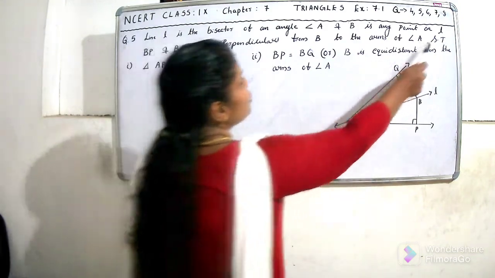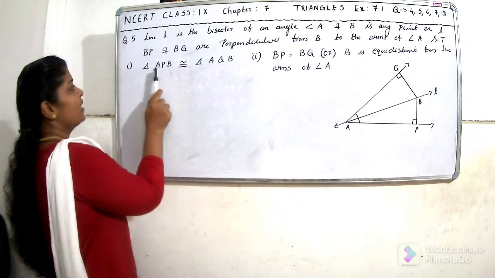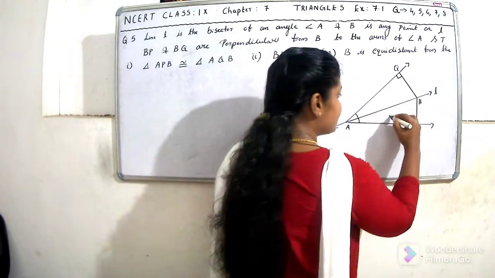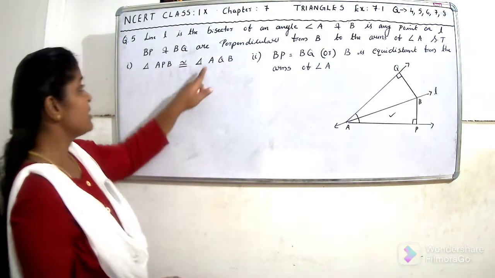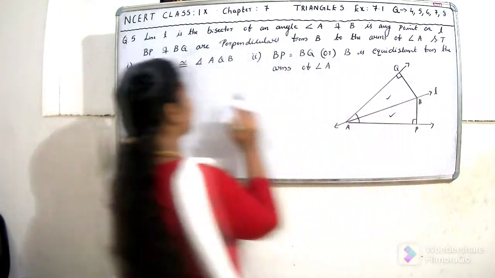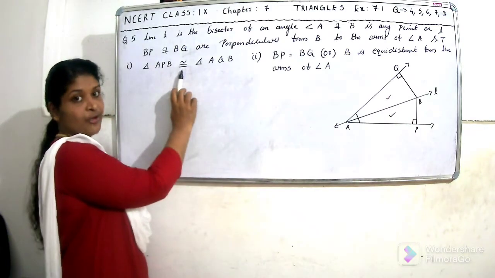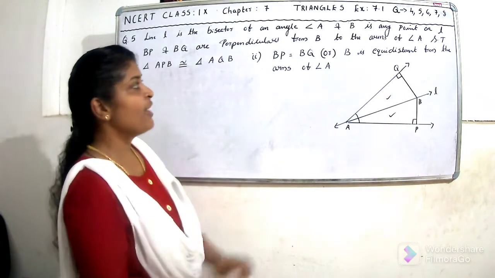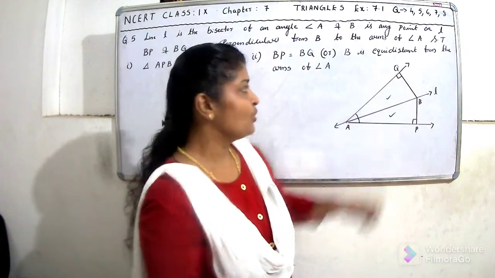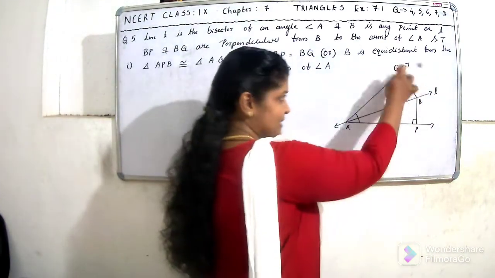Then show that triangle APB. Where is triangle APB? That means this triangle and triangle AQB. These two triangles are congruent. That's what we have to prove first. Secondly, we have to prove BP equal to BQ. That means these two lines are equal.